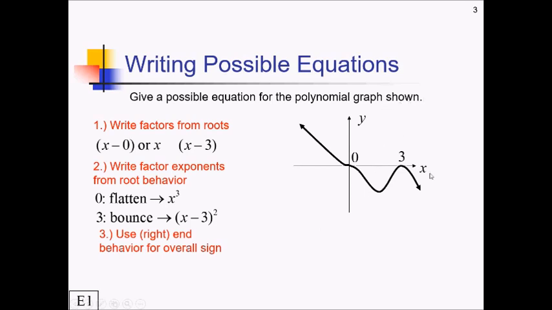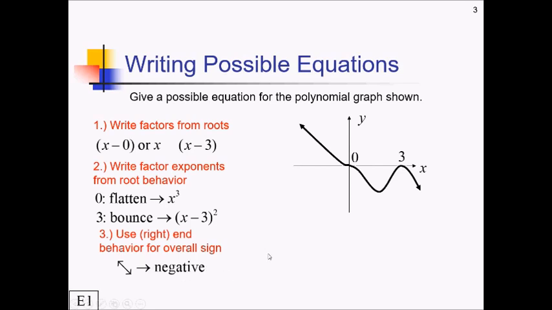If you have a function that's going down, it can only be because you had a negative overall sign that dragged it down in the long run. So in this case, since we're going down as we move to the right, we end up with a negative sign in front of the function.